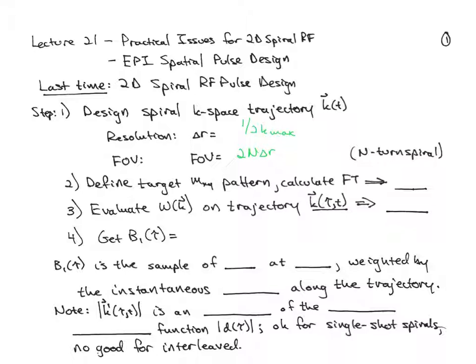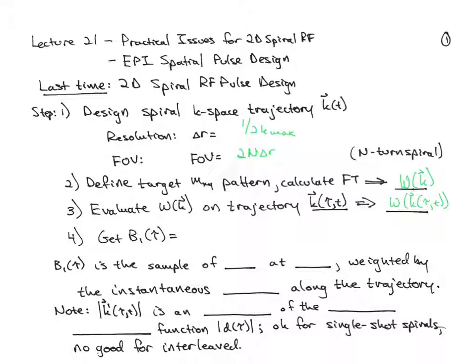Then you define a target transverse magnetization or MXY pattern and calculate its Fourier transform. That gives you the k-space weighting function w of k. Then we have to resample that k-space weighting function onto the trajectory that is defined by the spiral k of tau comma t, and that gives us the resampled k-space weighting function on the trajectory w of k of tau comma t.